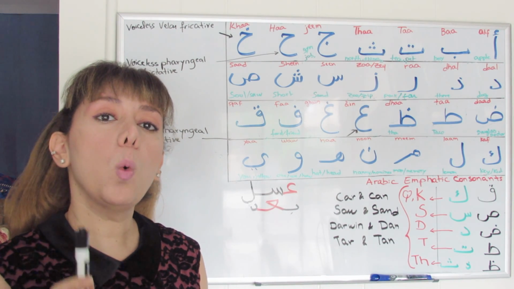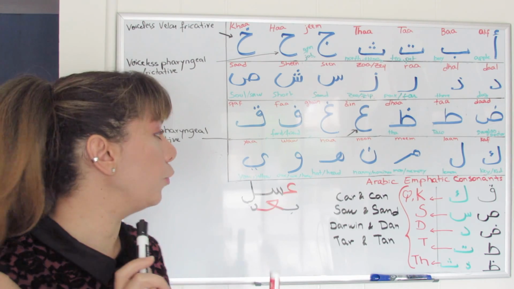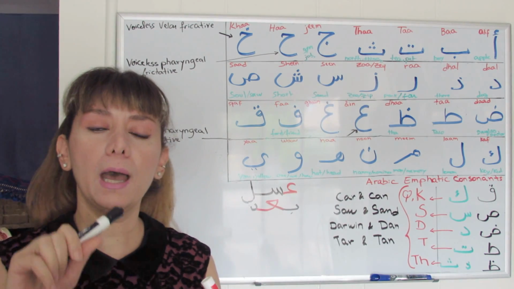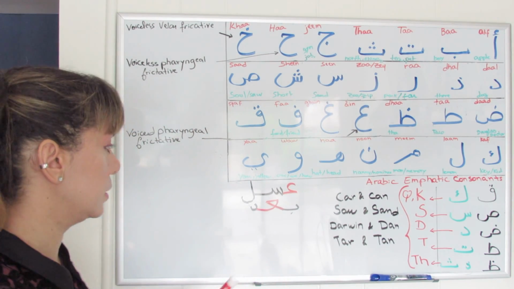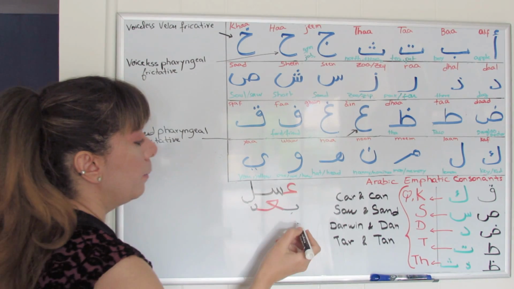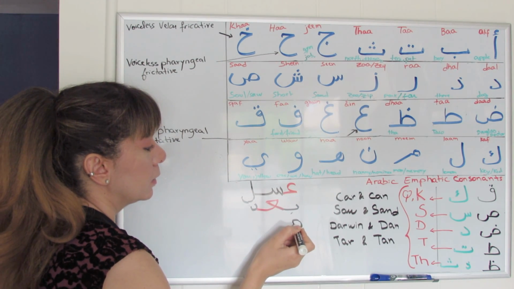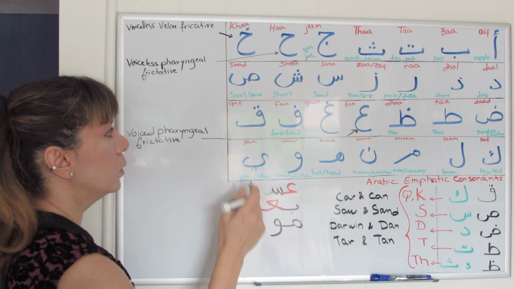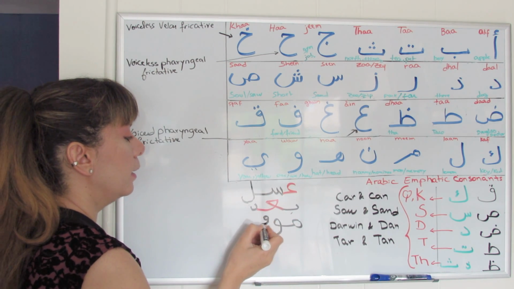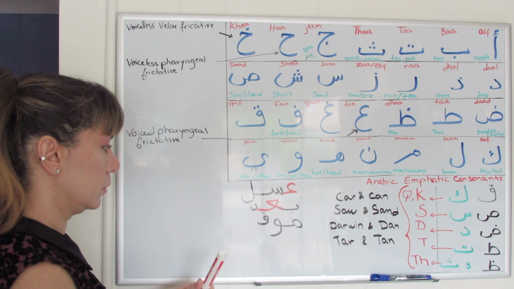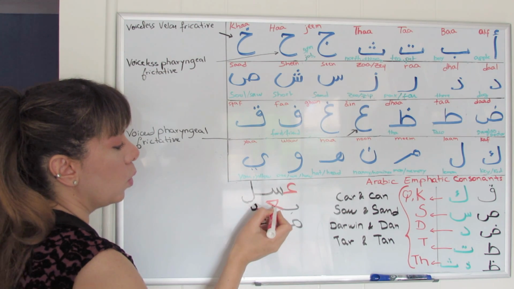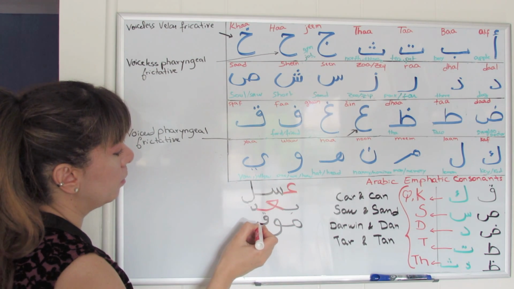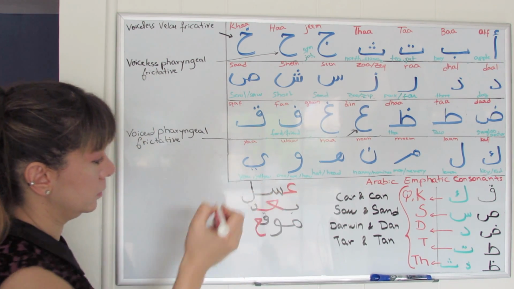Location, موقع. When in the final form, we have two different shapes. موقع, ميم, واو, قاف. This one looks more like the medial form.